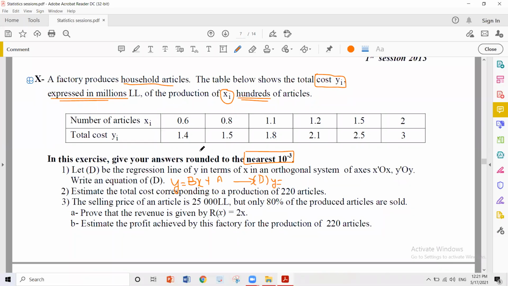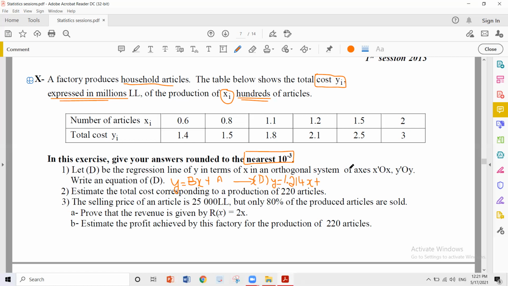Yes, 1.214. 1.214x plus how much is A? 0.592. Sure.